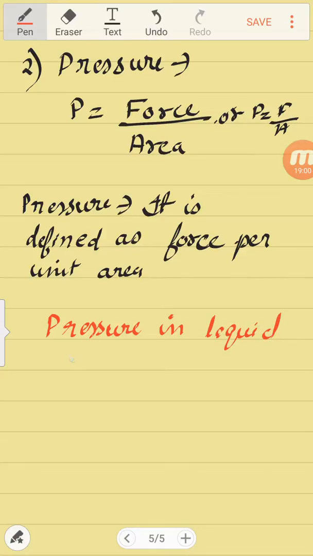The formula is density of a liquid, gravitational force and height.